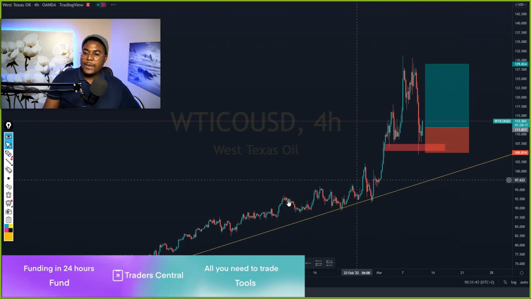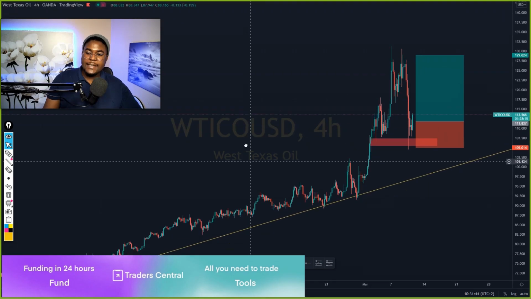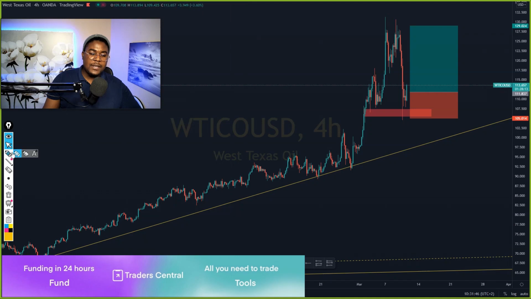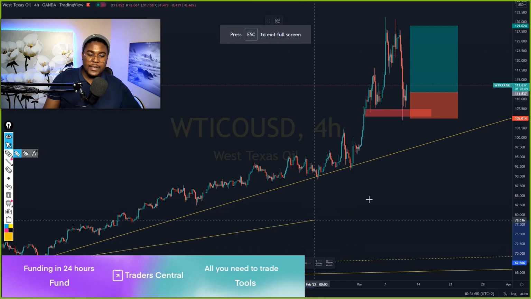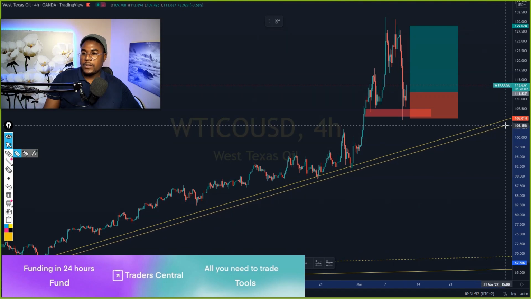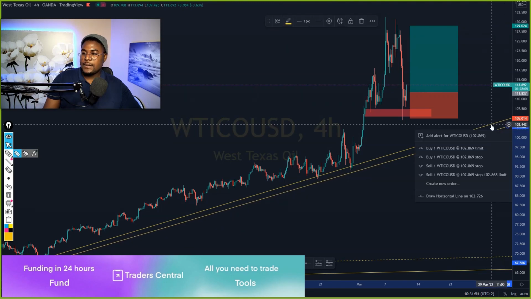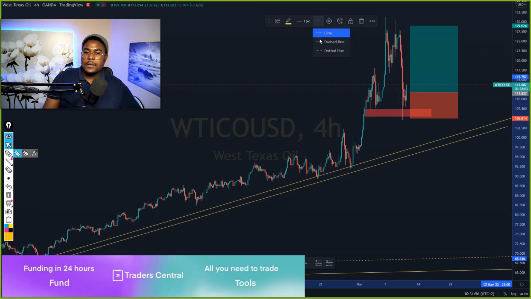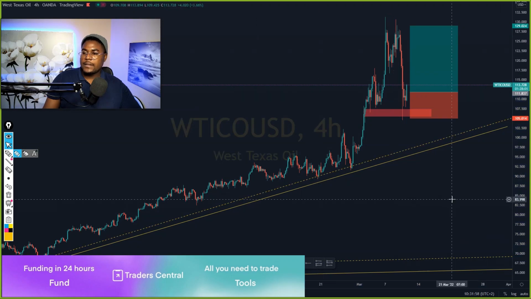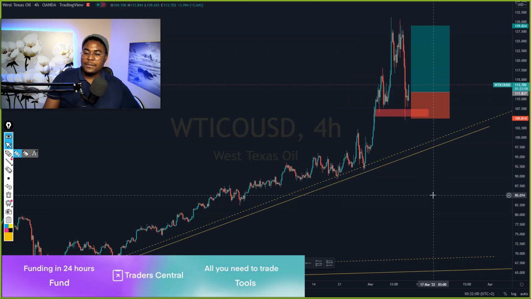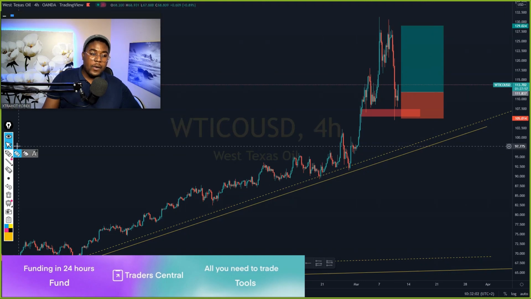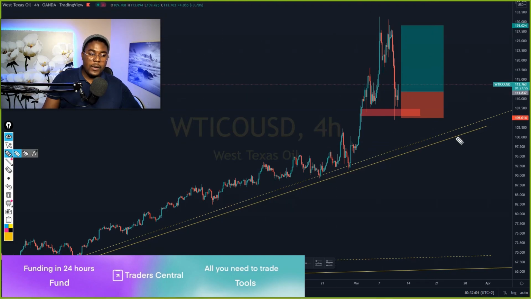If the market keeps selling, we can only sell when the market breaks this support area. I have to make it look very strong, so let's make it dotted. It's going to be something like this.